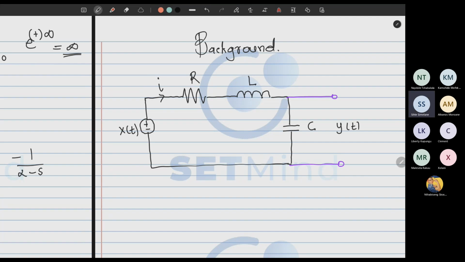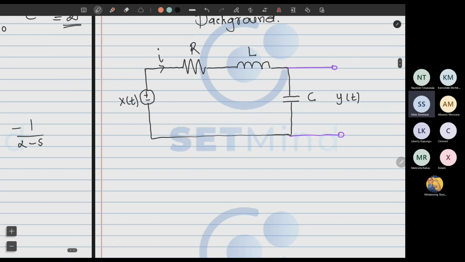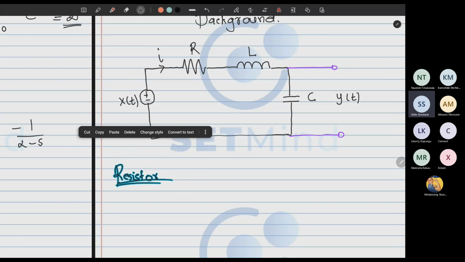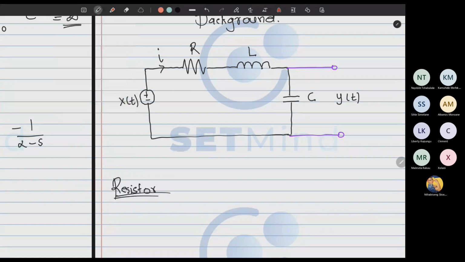And now the question is, we need to analyze the circuit and figure out what is going on. So let me quickly give you some context. When we are looking at a resistor, we are looking at current and voltage relationships.